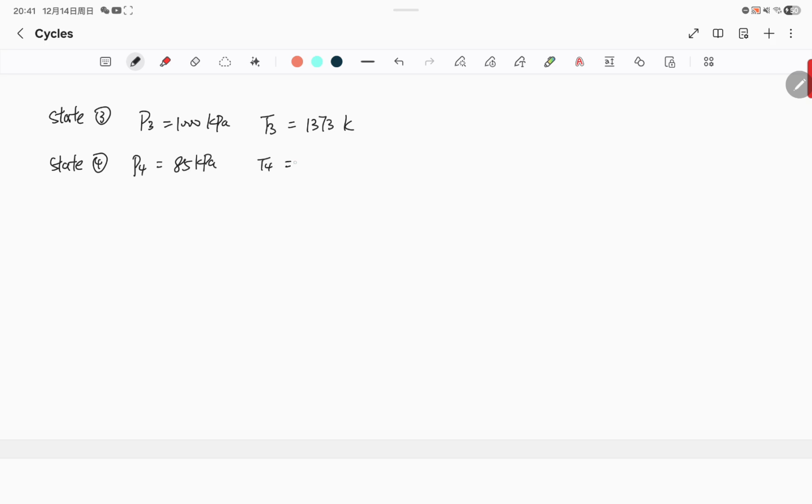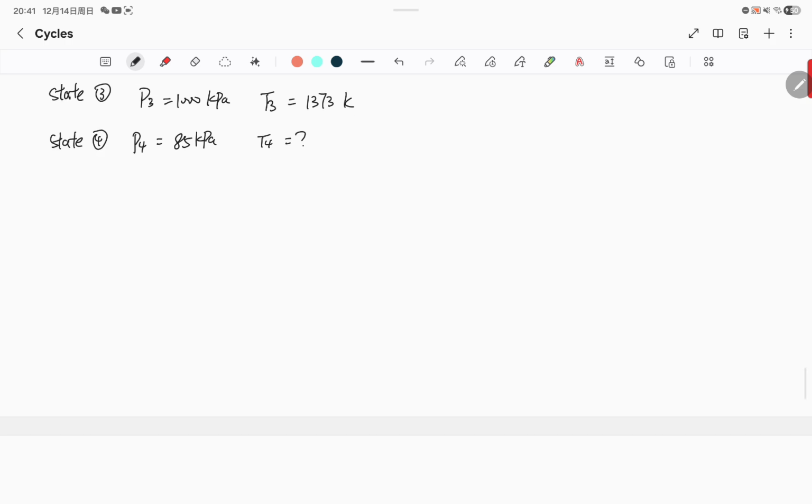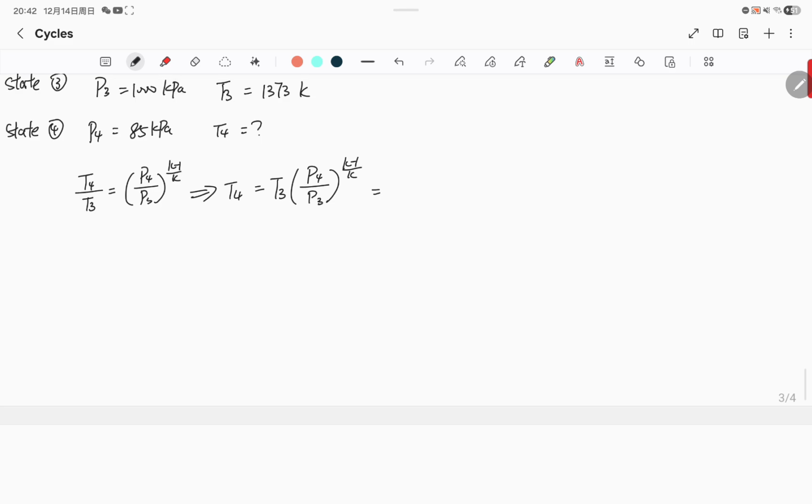How about T4? Well, again, we're going to use the isentropic relationship to find T4. So T4 is just T3 times the ratio of P4 over P3 to the power of (k minus 1) divided by k. Plugging in values.